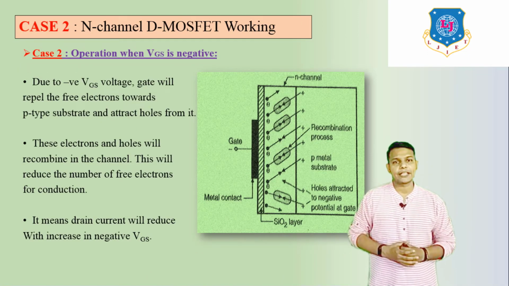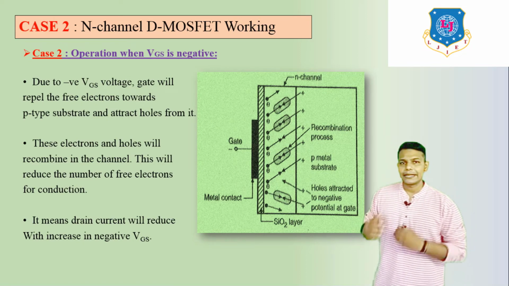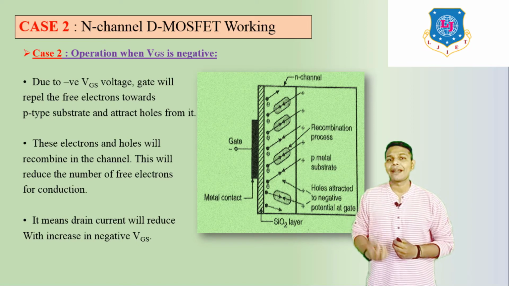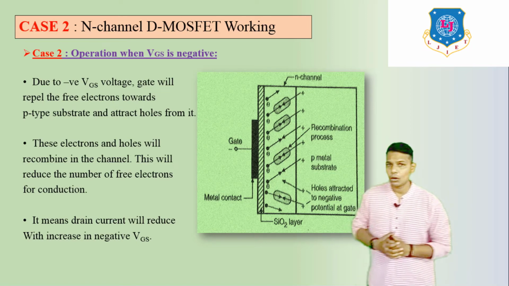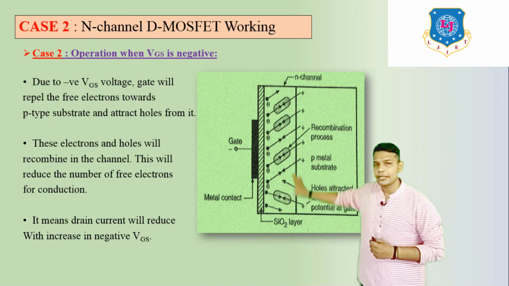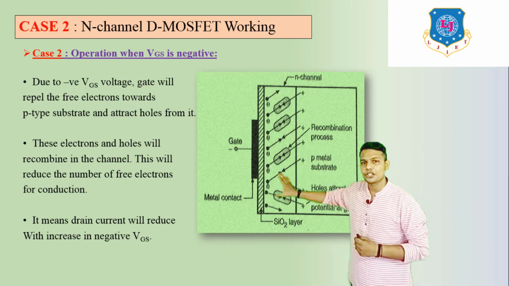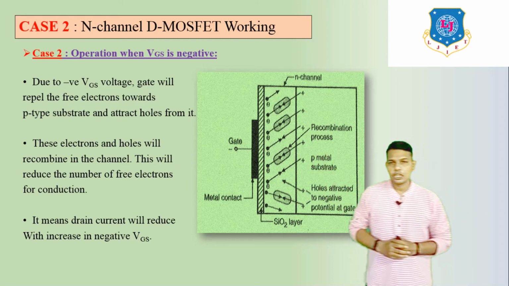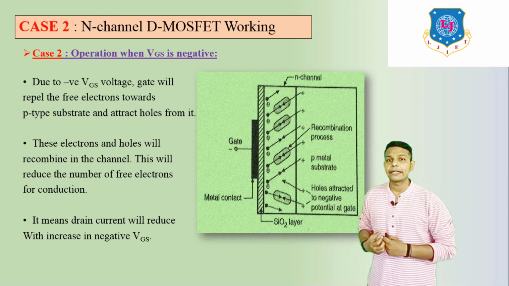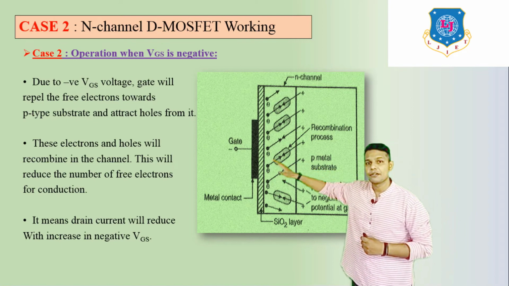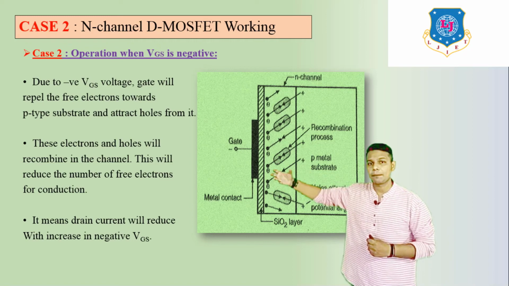Now let us discuss about case number 2. N-channel D-MOSFET, if we provide more and more negative voltage. Now here we can see this is the construction of channel, and only gate terminal is available in this figure. So if we apply negative terminal, here you can see it is indicated as minus, that means we provide negative supply.